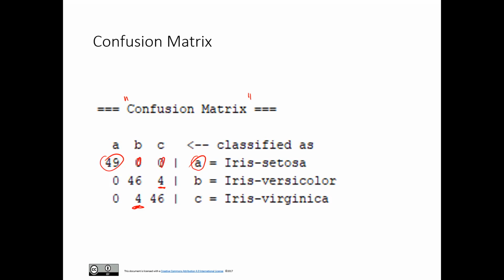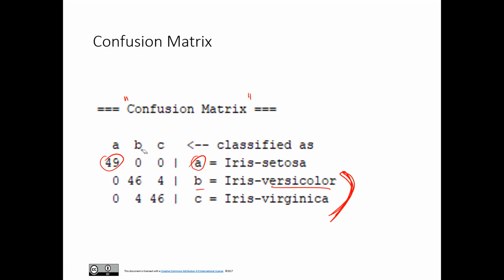But it turns out that in B and C, apparently the model is getting confused by the features, because out of 50 that were supposed to be versicolor B, only 46 were classified as that. And 4 were misclassified as C, which is virginica.